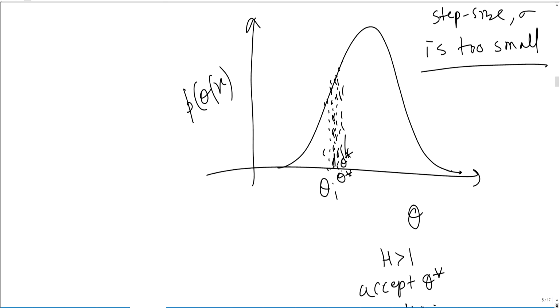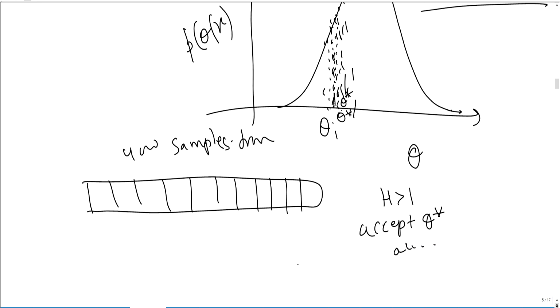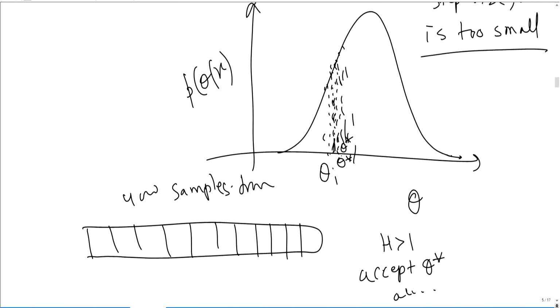But if my step size is too small, then what would happen is this: if I decide that I am going to collect a total of 4000 samples from the posterior, you start with an empty Markov chain, right. So, let us say I start with an empty Markov chain containing 4000 empty slots, which means I have decided that I will collect 4000 samples from the posterior. What can happen is that you will collect all those 4000 samples only from this region.